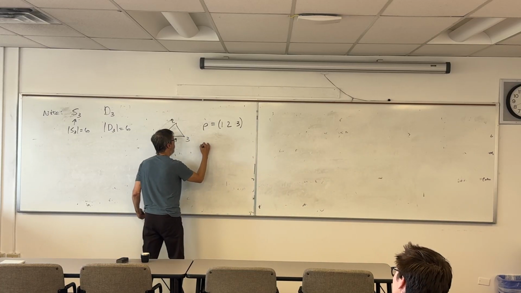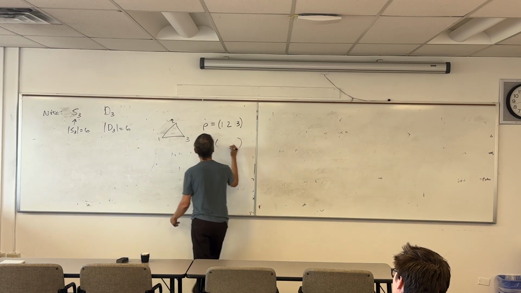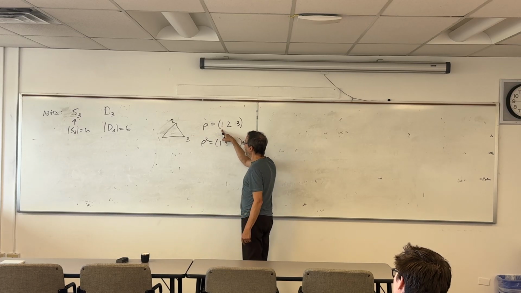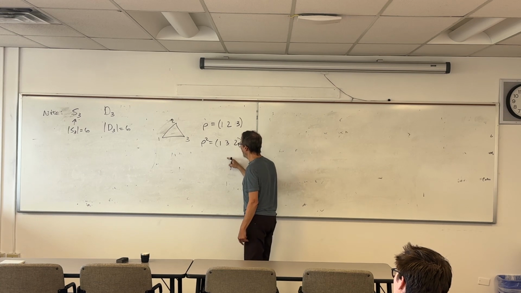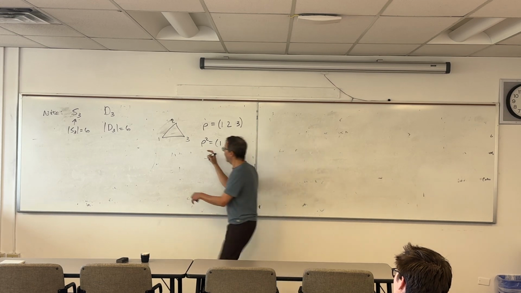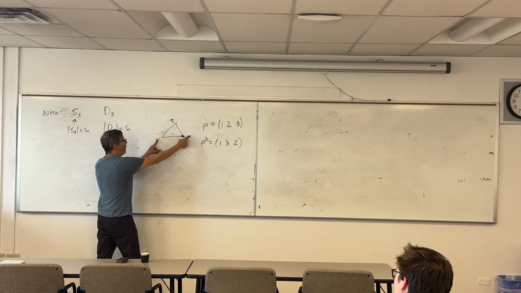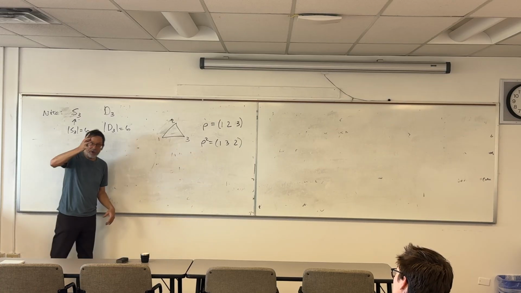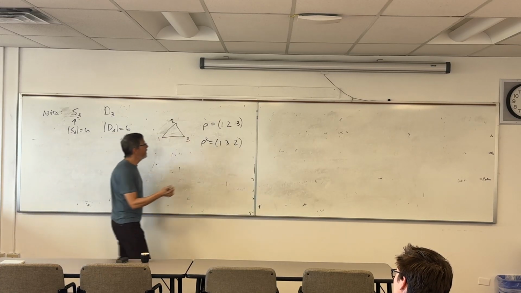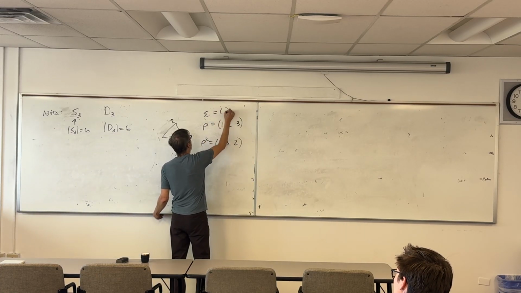And then rho squared: 1 goes to 3, 3 goes to 2, and 2 goes back to 1. So rho squared sends 1 to 3, 2 to 1, and 3 to 2, which is 2 clicks. And then we also had the identity, which you can write like that.